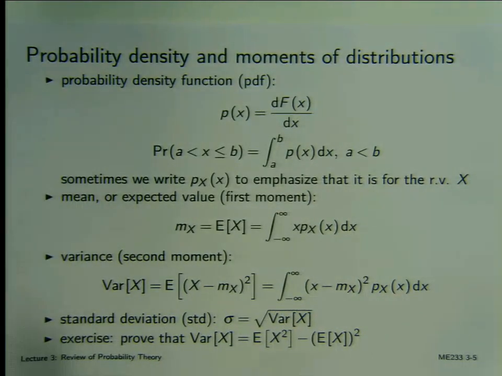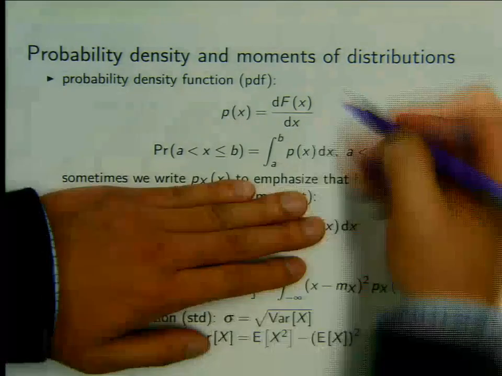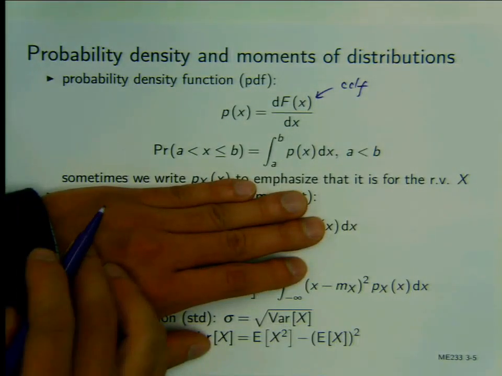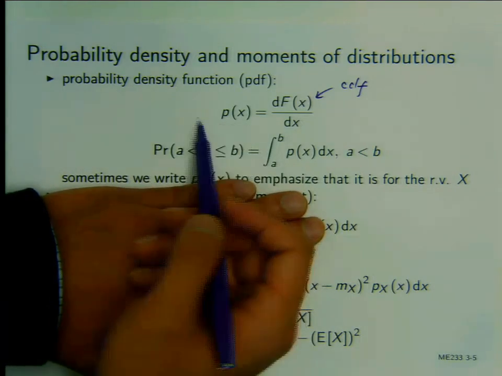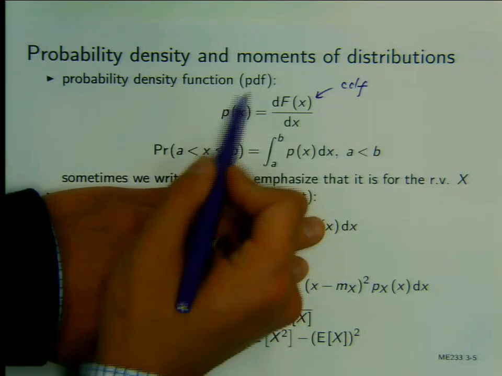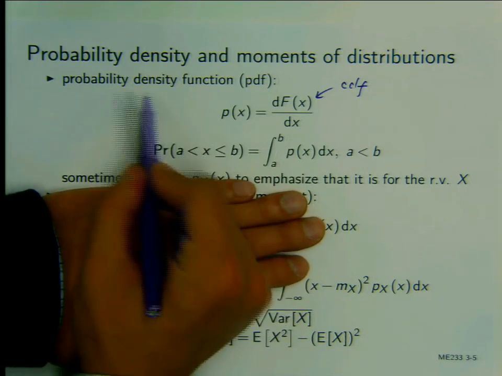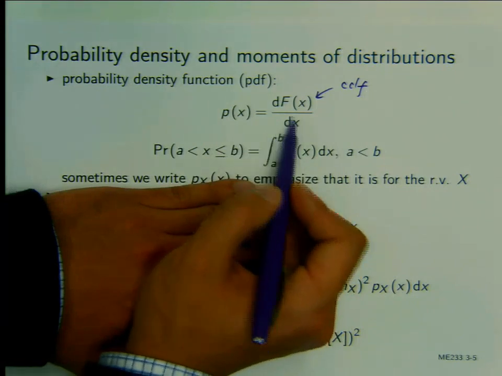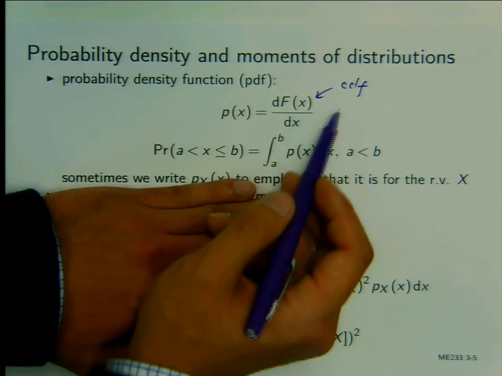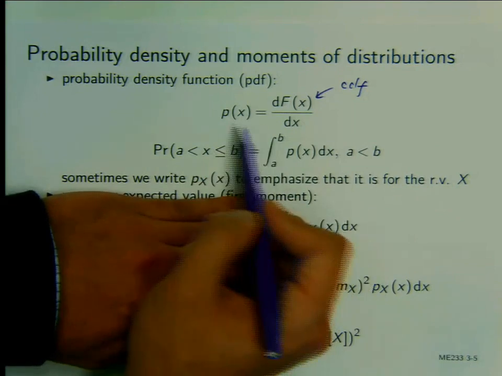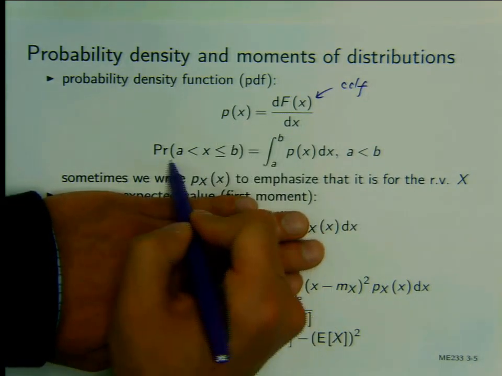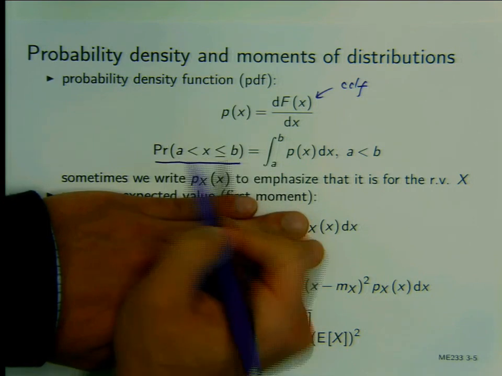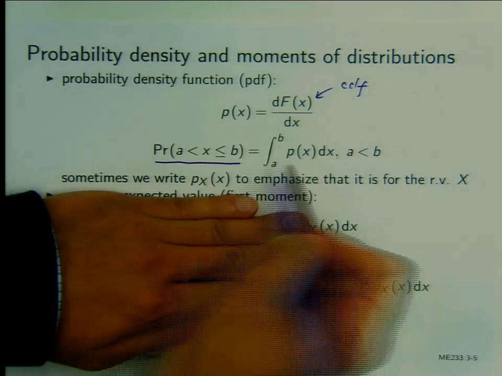Okay? We have defined the probability CDF, cumulative distribution function. This one is important itself. The probability density function, for the continuous case, is the derivative of the CDF, okay? And because of this definition, if I want to evaluate the probability of a random variable falling into some regions, we can do this integration.